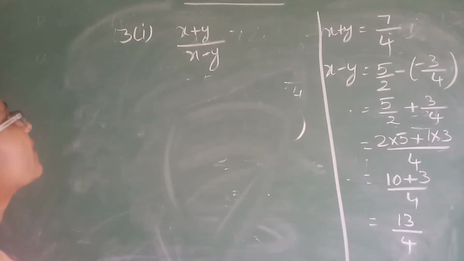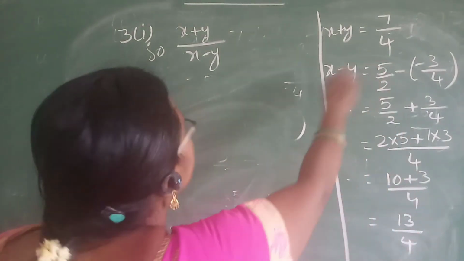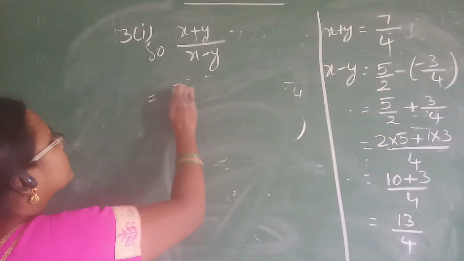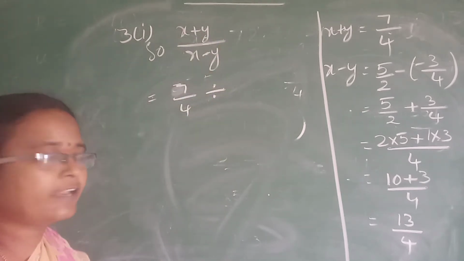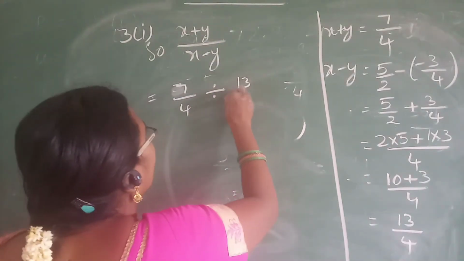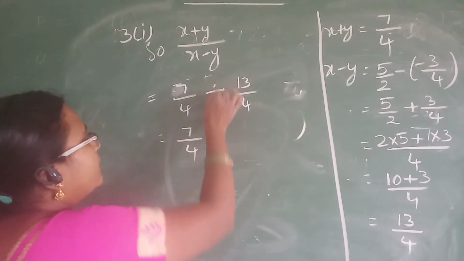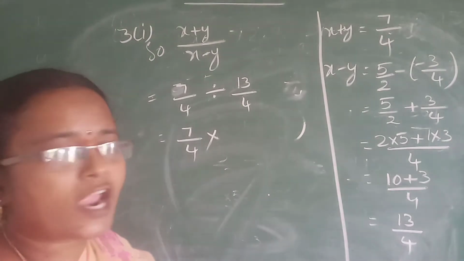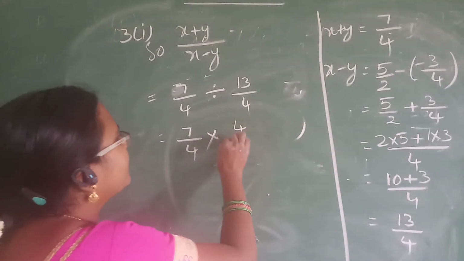So x plus y becomes 7 by 4 divided by 13 by 4. Now it becomes 7 by 4, division changes into multiplication and it takes the reciprocal, 4 by 13.